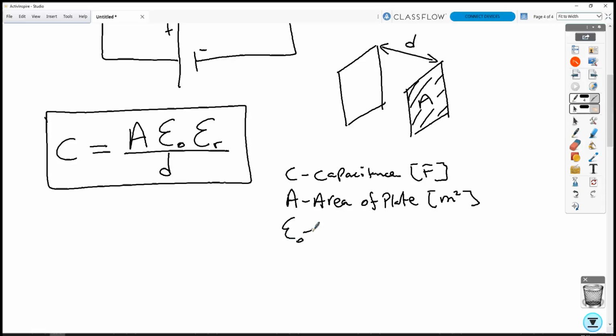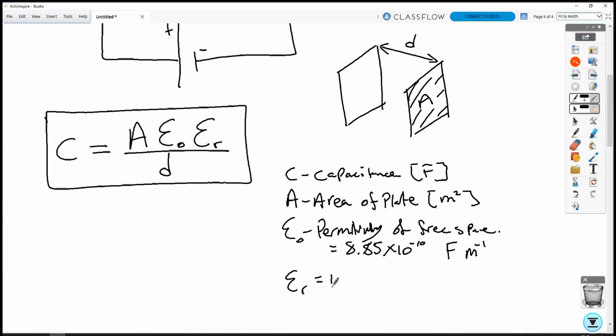Epsilon naught is the permittivity of free space or vacuum. This is equal to 8.85 times 10 to the minus 10 farads per meter.